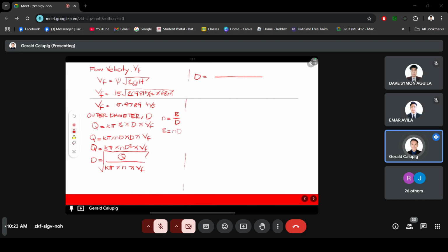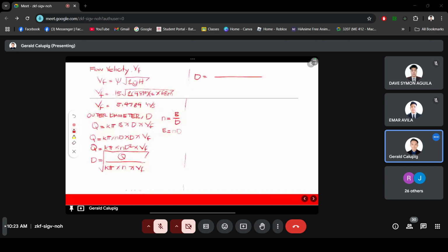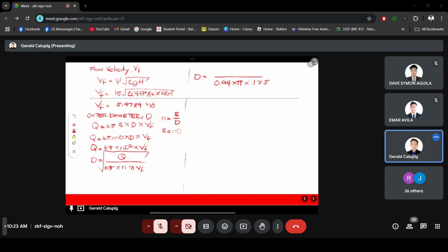Let's assume that the K is 0.94, times pi, times the value of n, which is 0.1, times our VF earlier, which is 5.4789 meter per second.